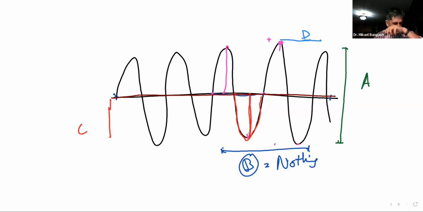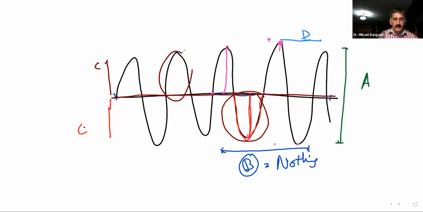So this, represented by C, would be the amplitude. Had C been up here, just like this, then that would also have been the amplitude of either this wave or this wave, whichever. Did that make sense?